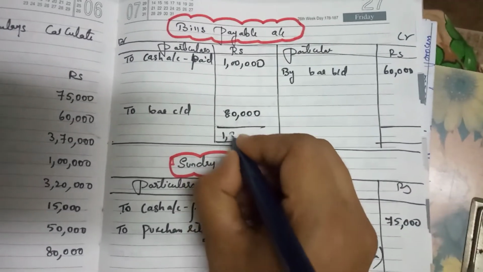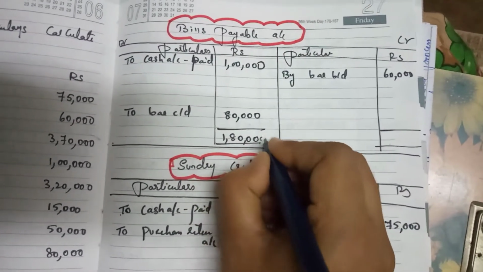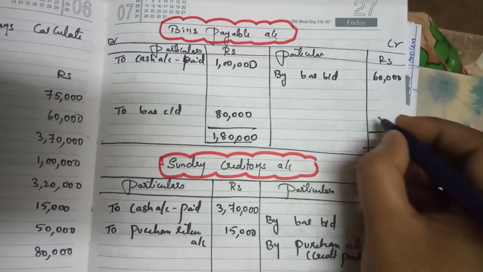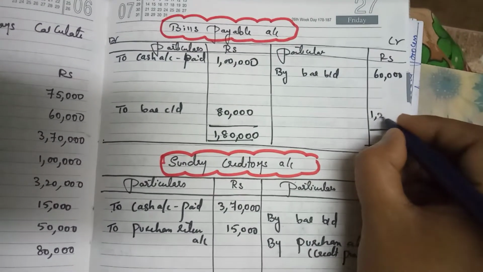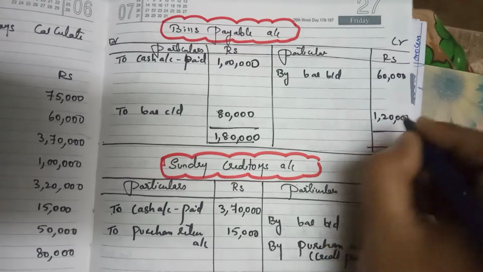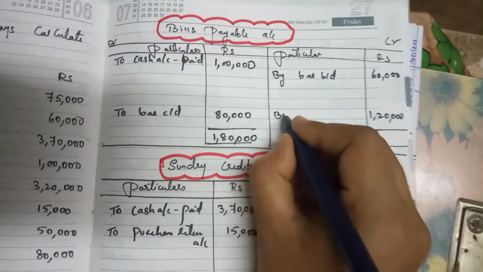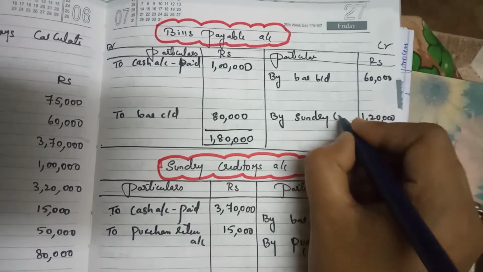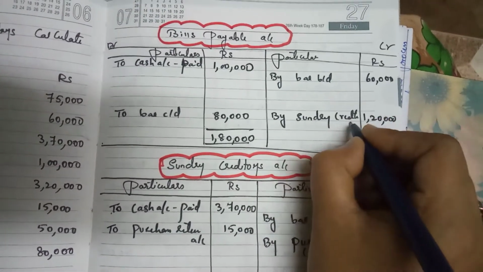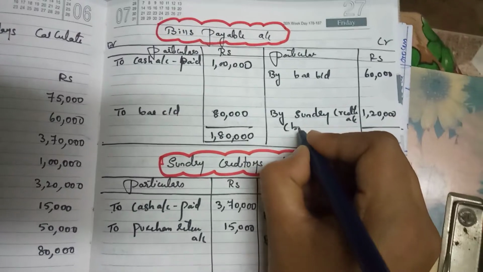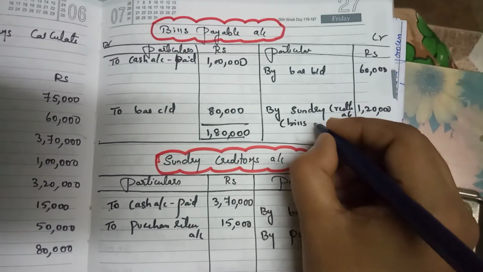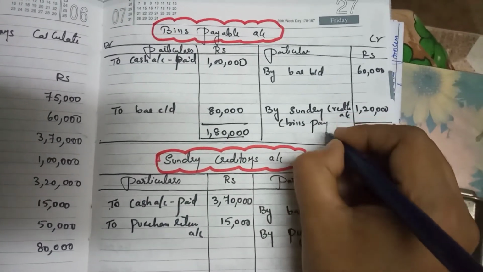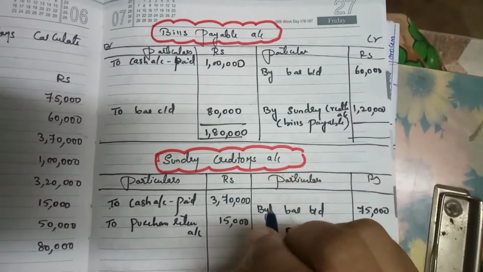You're getting 1,80,000. From 1,80,000, if you deduct 60,000, you get 1,20,000. So it's nothing but by sundry creditors account. This is bills payable, total bills payable.